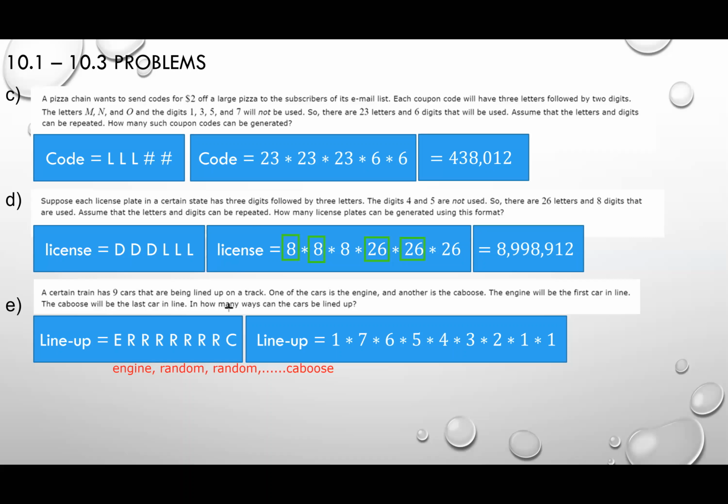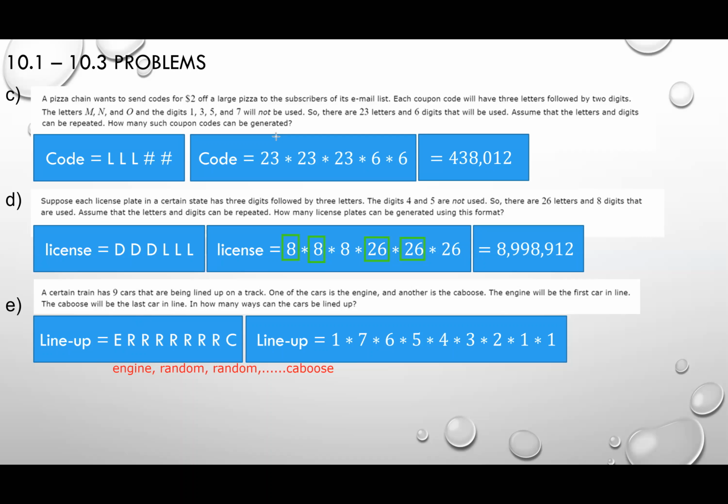We cannot repeat this thing here, because you need to put them in some order, because you need to line them up in some specific way. So once you use it, you cannot reuse that item. We cannot use 7, 7, 7, 7, 7, because they have to be in some lineup that we need to put. And that's why we have to deduct 1, deduct 1, deduct 1.